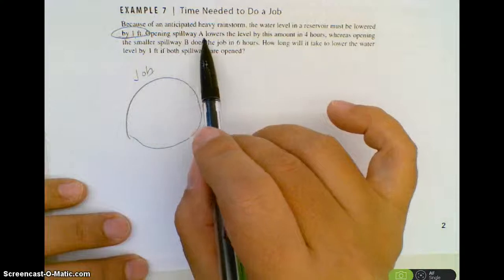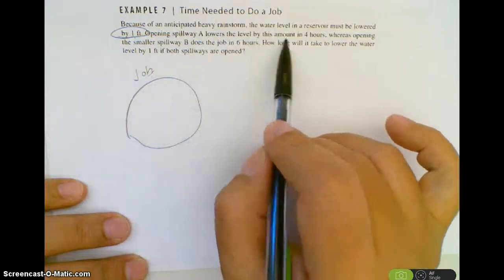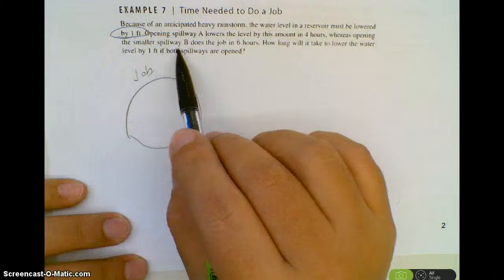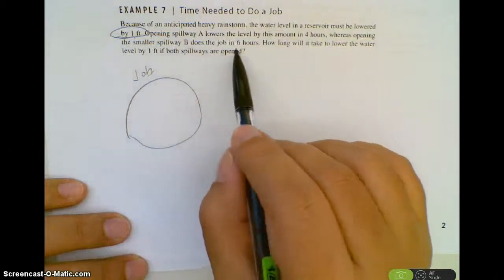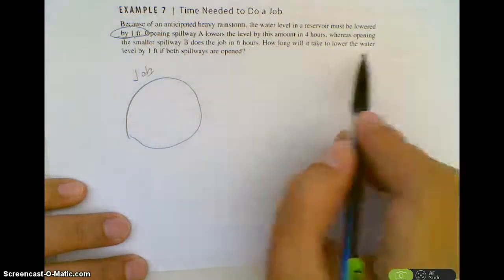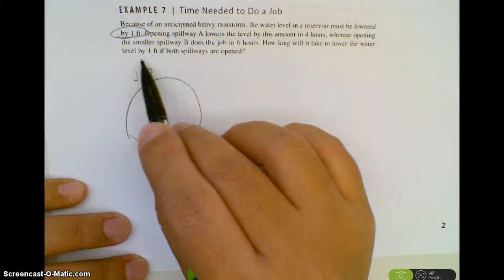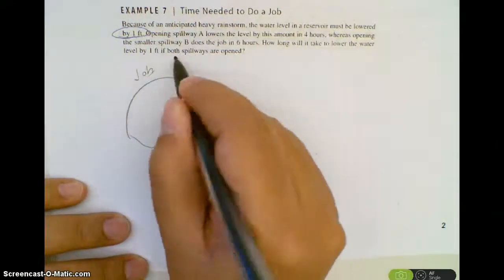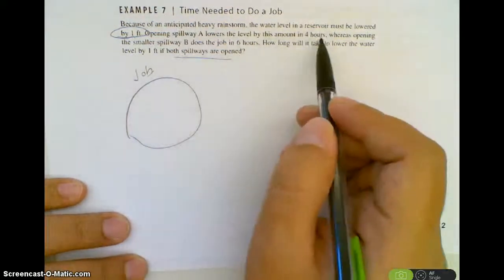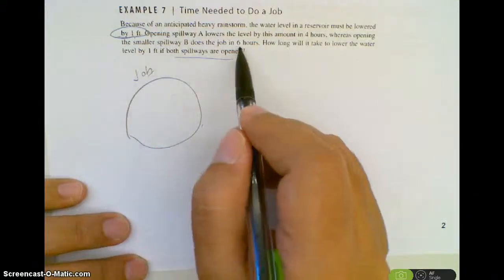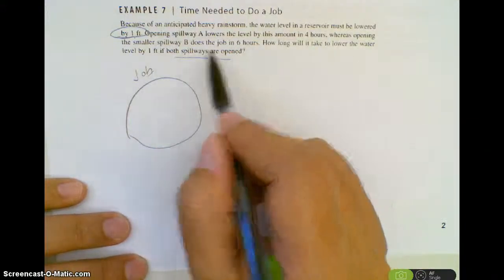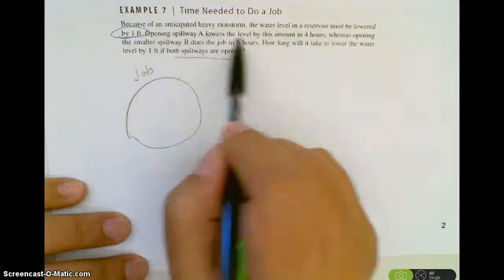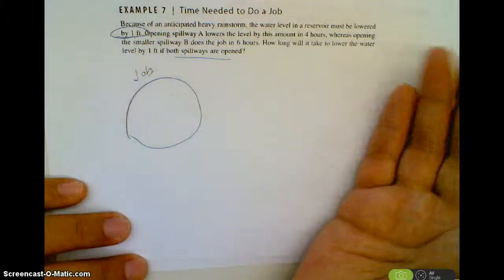Opening spillway A lowers the level by this amount in 4 hours, whereas opening the smaller spillway B does the job in 6 hours. How long will it take to lower the water level by 1 foot if both spillways are open? So definitely, if one does it in 4 hours and the other in 6 hours, if you have to choose to open either one, you will choose the one that takes less hours.